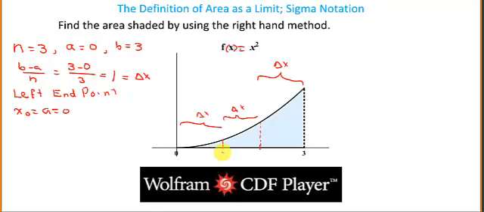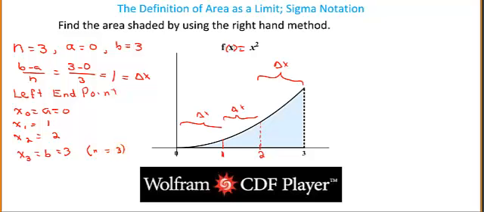The second one would be at 1, because each delta x is 1 unit big, so x sub 1 is 1. x sub 2 will be 2. And x sub n was the last one, x sub 3, which is equal to b, which is 3. Remember, n is equal to 3.